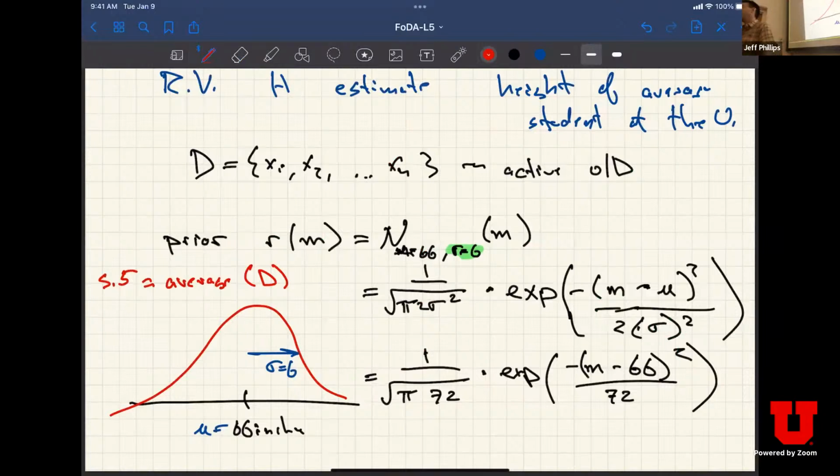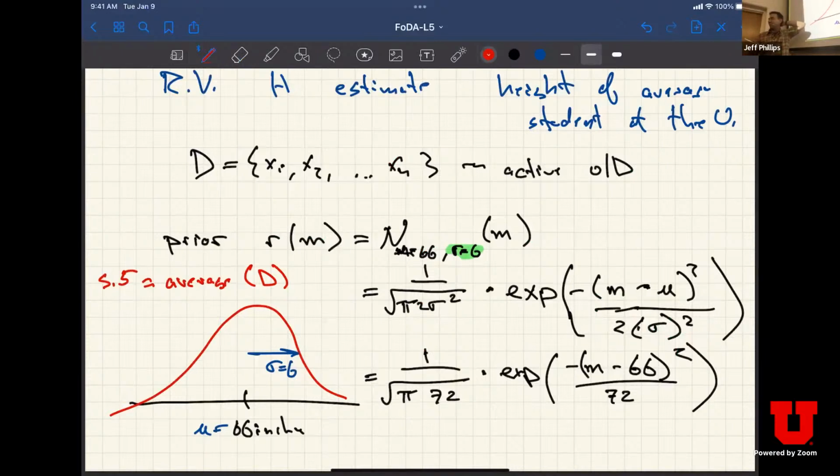Does 5.5 fit in this distribution? No. I mean, it could. It's not 0 likelihood, but it's minuscule, right? It doesn't fit this distribution. And so likely the explanation is the units are wrong on either the prior or the average, right? So what probably would happen here?